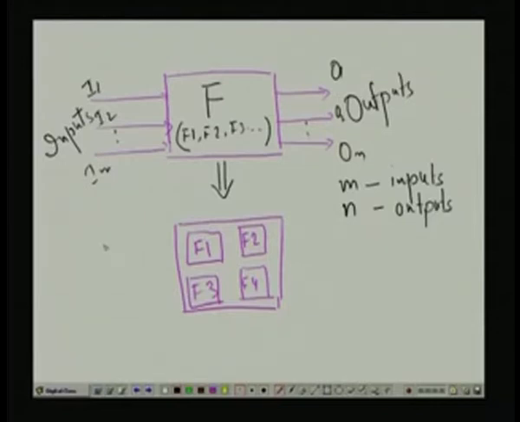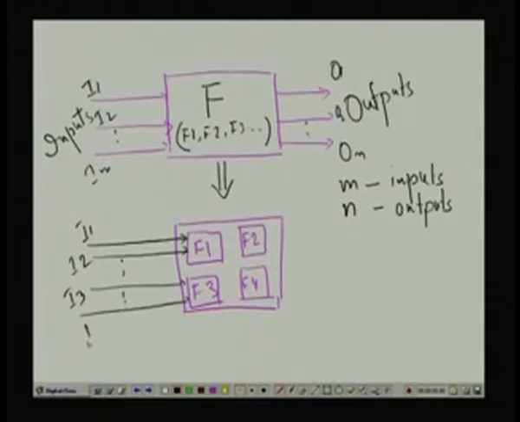Now, say as if I1, I2 are fed to F1, whereas say some I3 or Im that is fed to F3, or one can be fed to F2, some other can be fed to F4 like that.